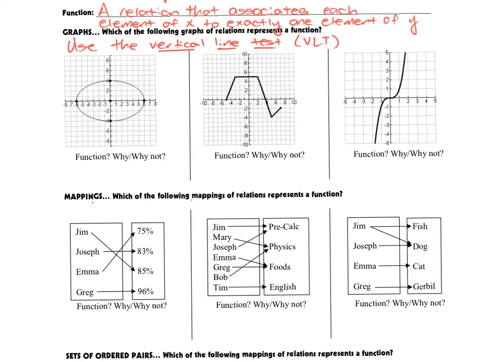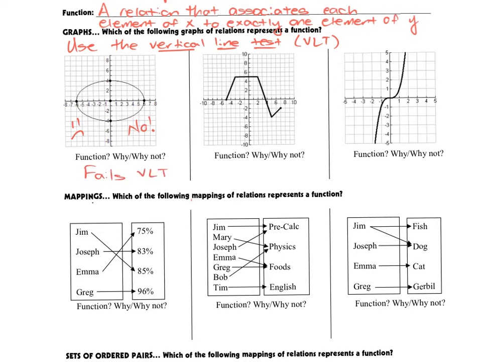Our vertical line test tells us that we just imagine vertical lines coming down through our graph. And if at any point we draw in a vertical line and it intersects the graph in more than one place, we say that it fails the vertical line test. So you can see on this first one that no, this is not going to be a function because it fails our vertical line test.